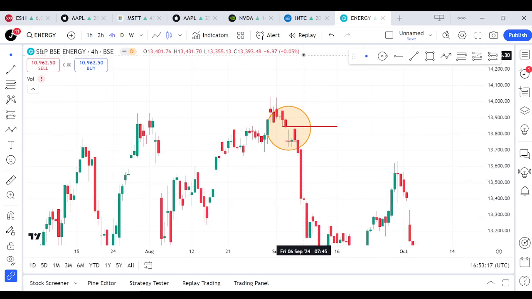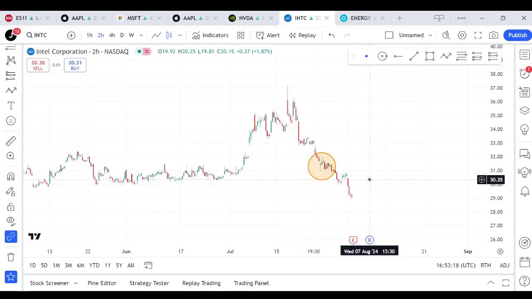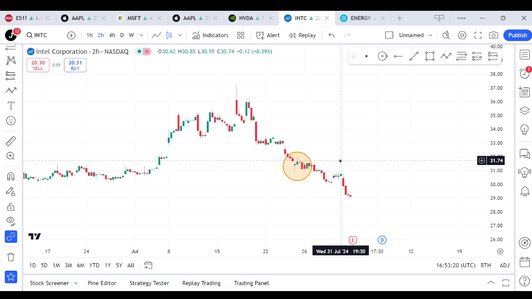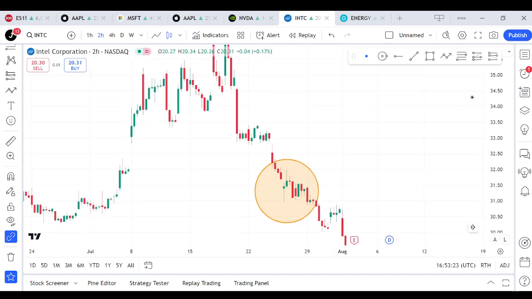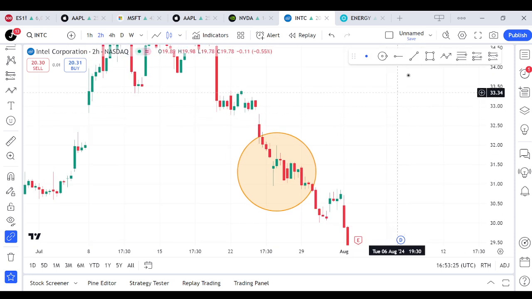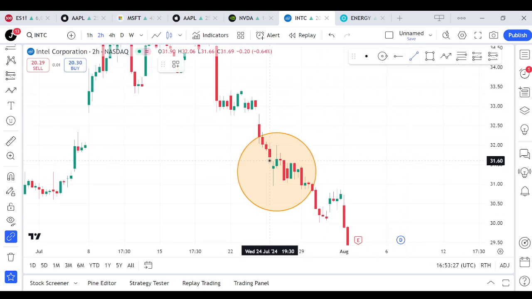So let's look for another example. We have another example right here, and in this example price closed very close to our first candle's gap, almost filling the gap right here, almost.